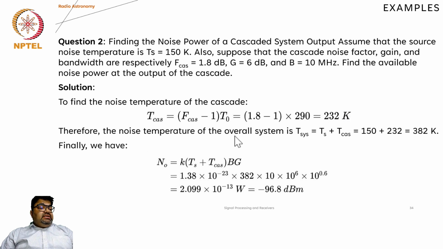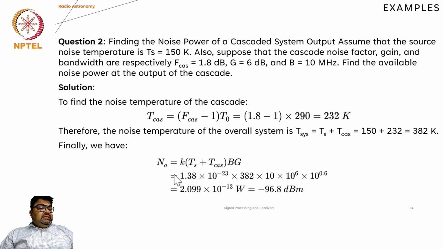The noise temperature of the overall system T_cs is given by T_S plus T_cas, that is 382 Kelvin. So then we have the noise power is k times total temperature times the bandwidth.